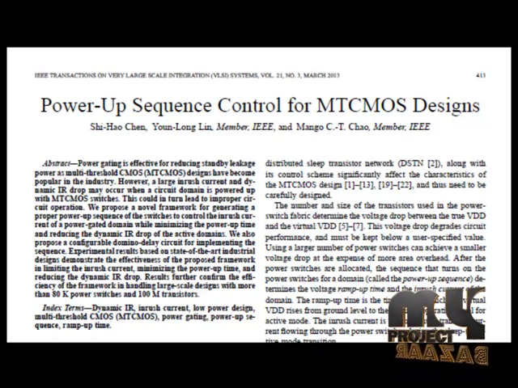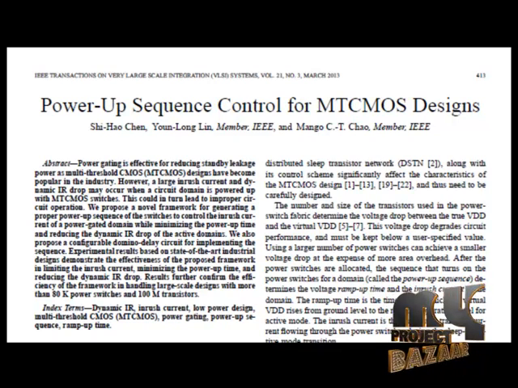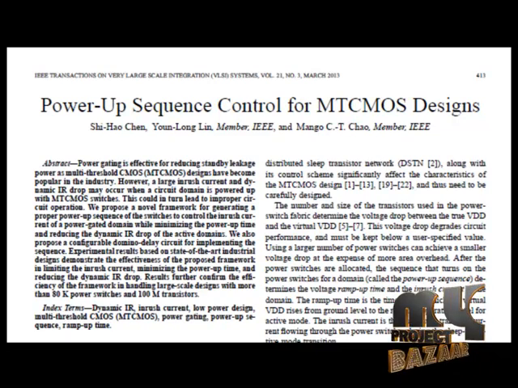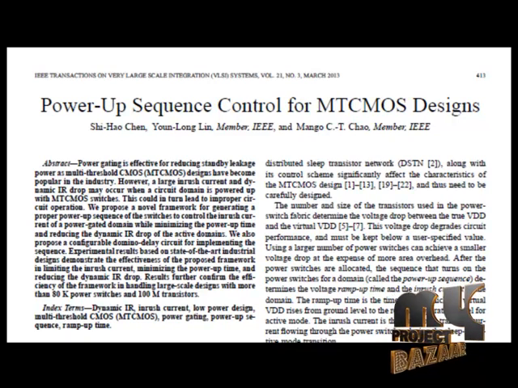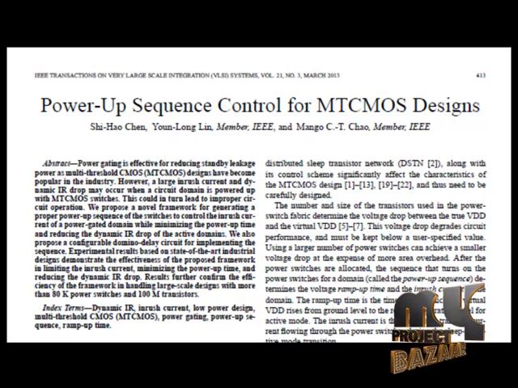The most effective techniques involve power gating circuits, essentially cutting off the pull-up network and pull-down network from one or both power rails during idle or sleep periods. During active periods, the circuit is reconnected to the power rails in a process known as wake-up or power-up.